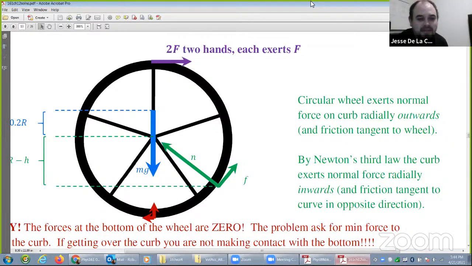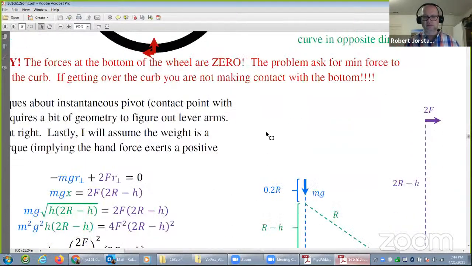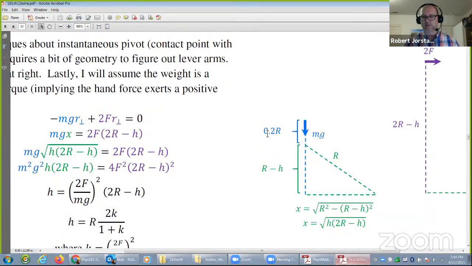I would use RF sine theta. Based off my reaction, I'm guessing that's wrong. No, it's correct. That's just not the fastest. I deliberately chose this one because I think if you look down here, you see the lever arms pretty easily.